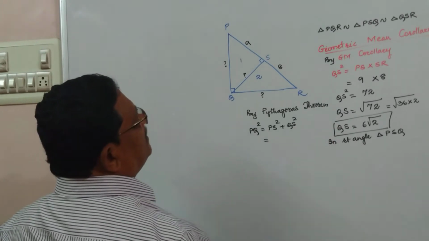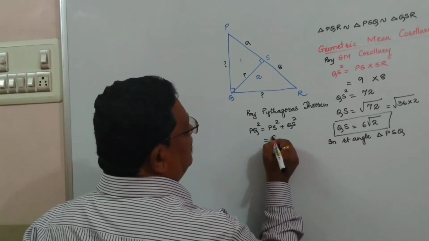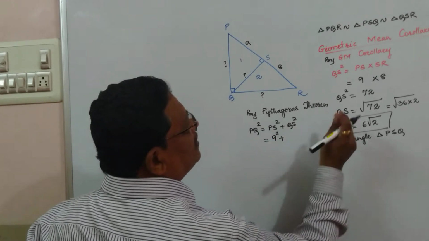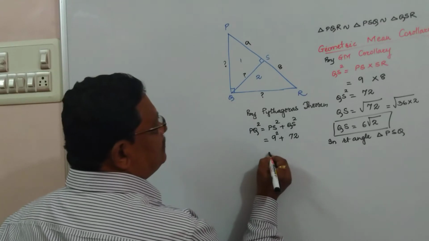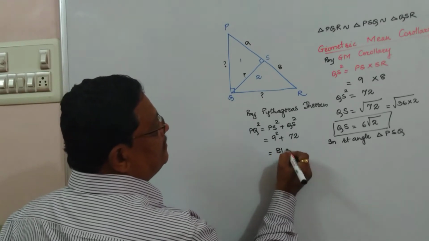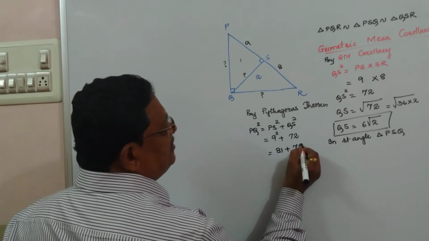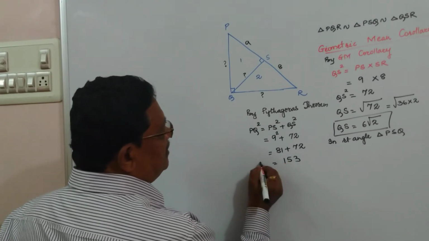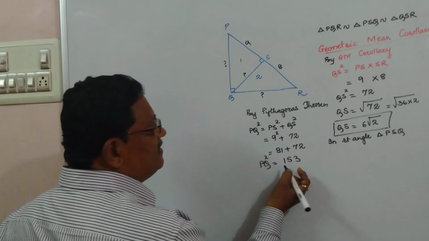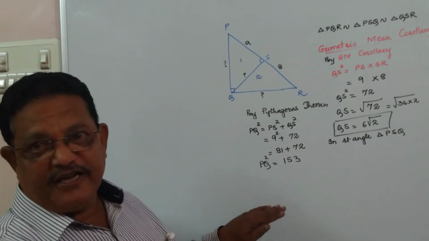Hence PQ square equals PS square, PS is 9, so it is 9 square. Already we have found the value of QS square. I will be directly substituting it. 9 square is 81 plus 72. This will give me 153. That is, PQ square is equal to 153.